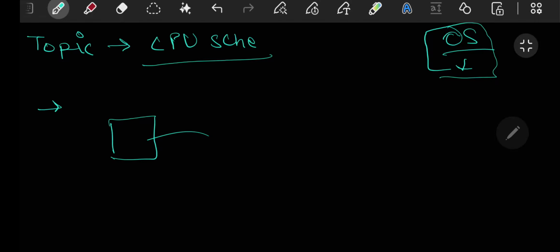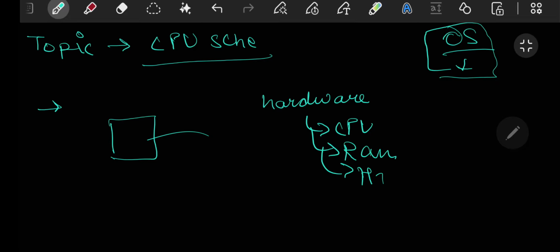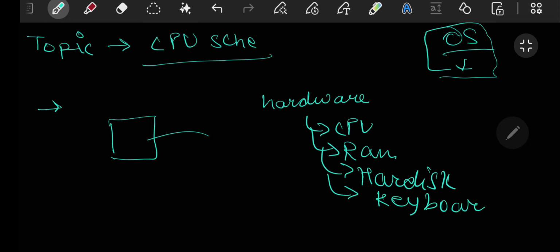So basically what we are buying is hardware, and hardware consists of CPU, RAM, hard disk, keyboard, monitor, etc. This is what we are buying.